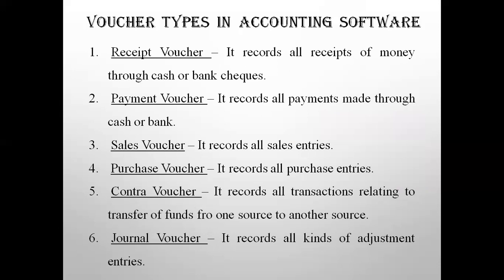First one is the receipt voucher. By the name, receipt means your company is receiving something. Transactions involving the receipt of money are entered in the receipt voucher. It records all the receipts of money through cash or bank checks.